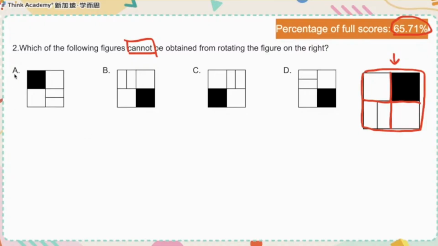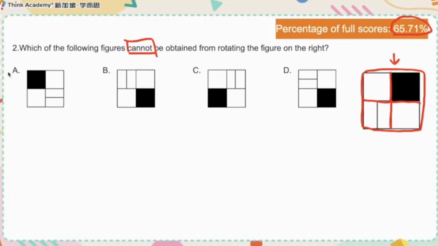And then we can take a look at option A. If we want to make sure the black one is on the top left, then we must rotate it like what? You can also show me with your hands. It will be like this, right? After we rotate like this, how will the figure look? Yeah, they are just the same, right? So option A is the correct answer.